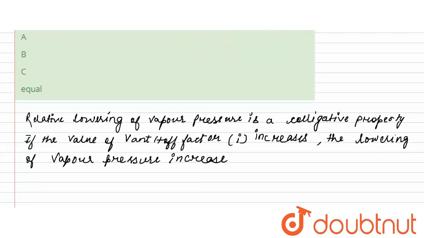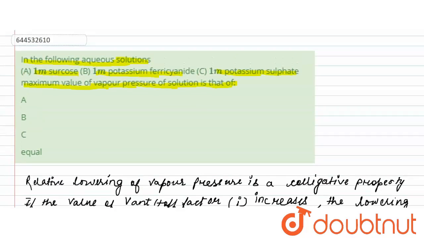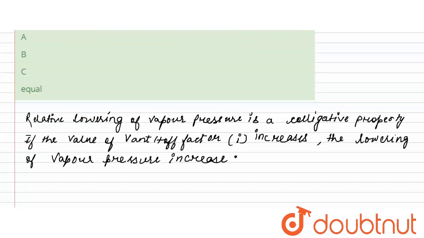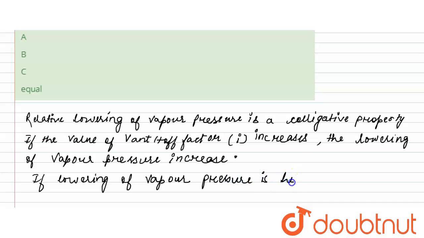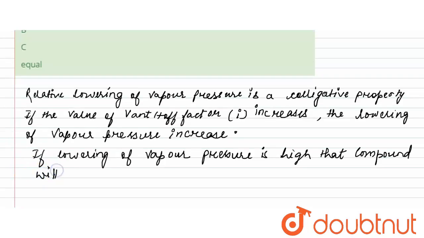So in this case you have to see which of these compounds has the maximum value of Van't Hoff factor, because the compound having the maximum value of Van't Hoff factor will have the maximum lowering in vapor pressure, which means that if lowering of vapor pressure is high, that compound will have the least vapor pressure, right?